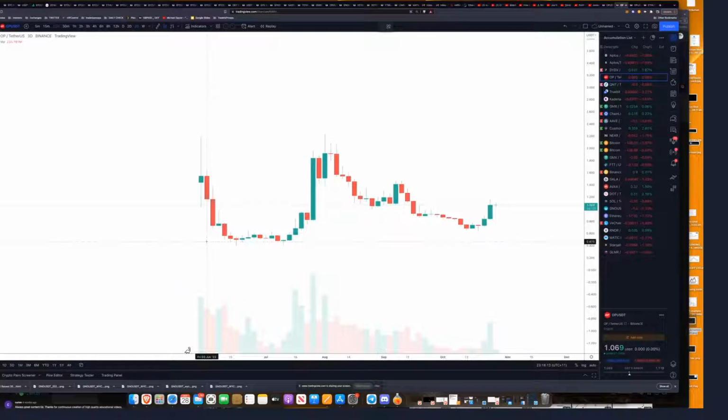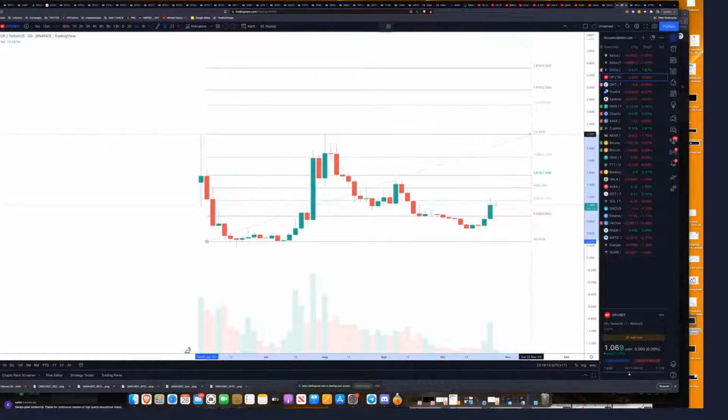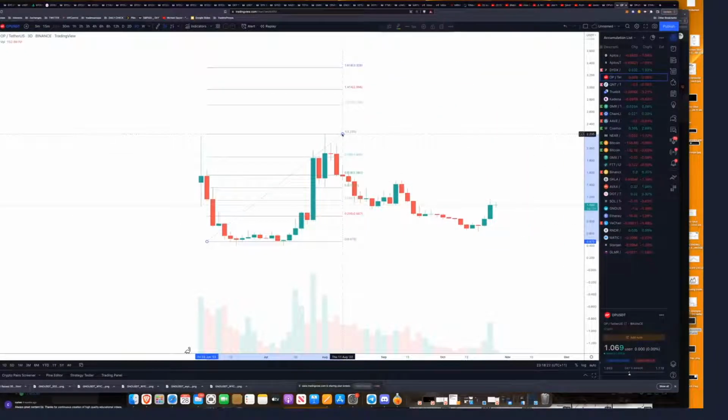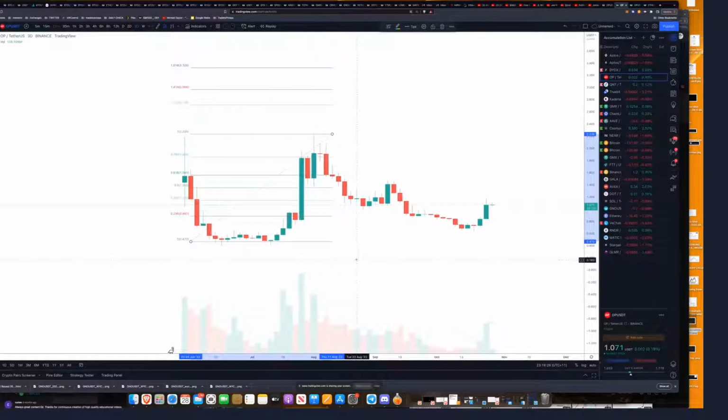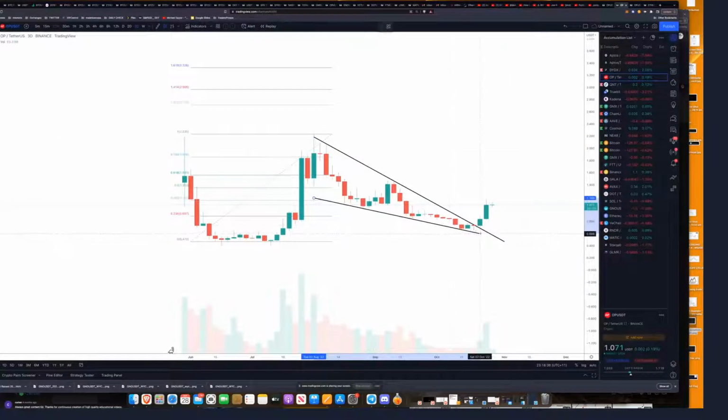So if we look at this, actually we could say that's done. So that's a breakout trade. How high is it going to go? Don't know. The first target is this. I reckon it's probably going to go to that level.